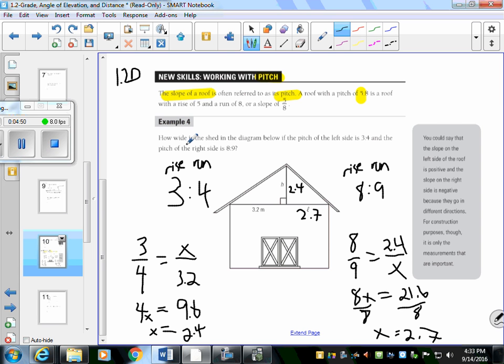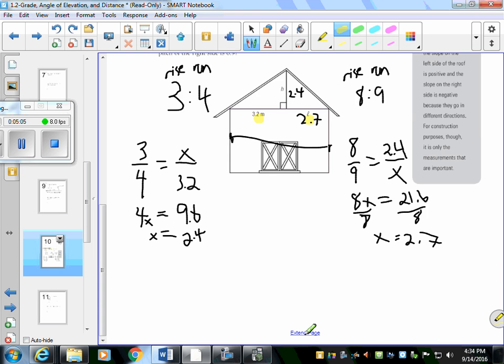Now, what did the question actually ask us? How wide is the shed? Well, wide is the length from here all the way across to here. How do we figure that out? Well, we take our two numbers, 3.2 and 2.7, and add them together. 3.2, sorry, that's a 3. 3.2 plus 2.7, that will be the width, right?